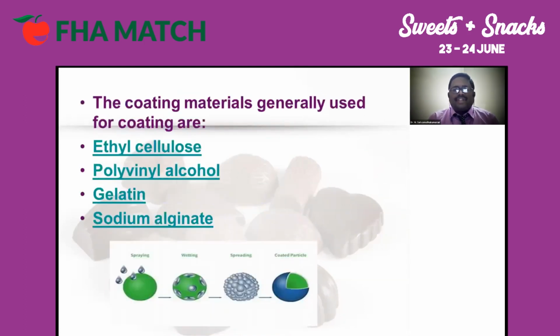The coating materials generally used are ethyl cellulose, polyvinyl alcohol, gelatin, and sodium alginate. You can see that it is being sprayed onto the active ingredients, wetting occurs, then spreading, then the particle is fully coated, so that the core material, your phytosterol, is protected from thermal degradation and so on.